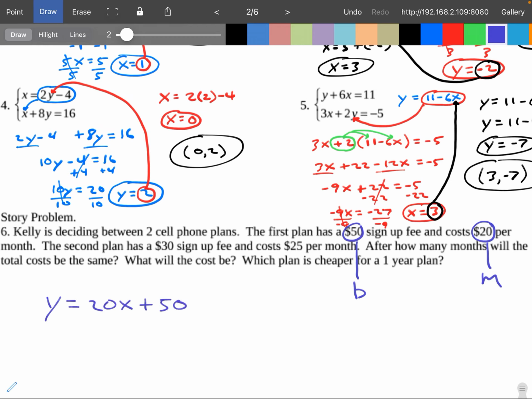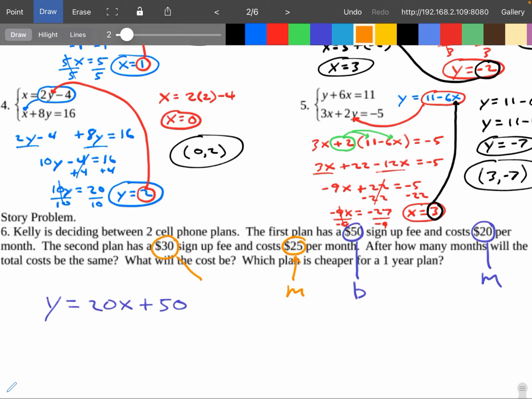So the 20 is the slope. So the 20 right here, that is the slope. That means the 50 right here, that is the b or the y-intercept. Well, that means that that equation is going to look like y equals 20x plus 50.